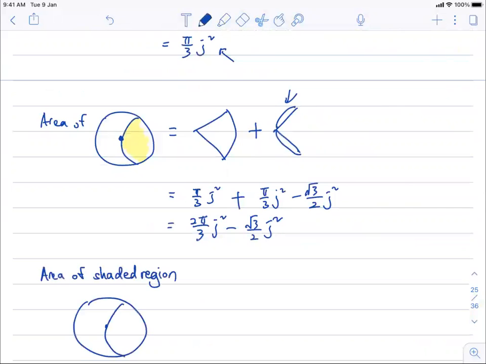The area of the shaded region will be equal to a full circle minus this thing.